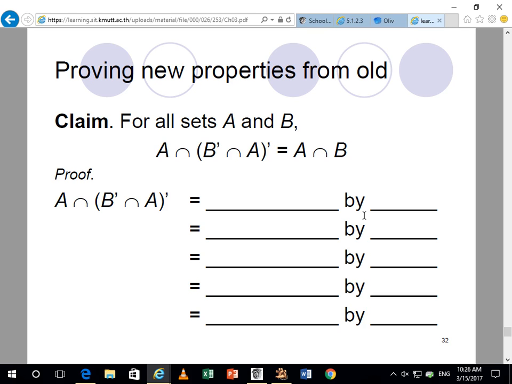So are we done? So this is equal to the left-hand side. Sorry, right-hand side. We're done, right?